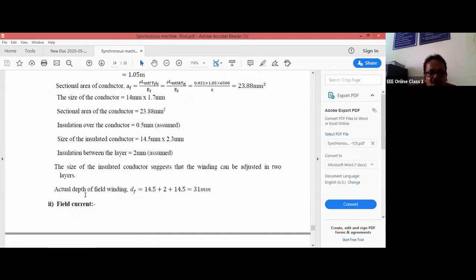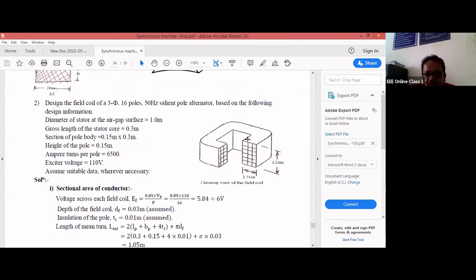So total depth is 14.5 plus 2 mm between the layers plus 14.5, which gives 31 mm. For 2 layers, the total depth will be around 31 mm.